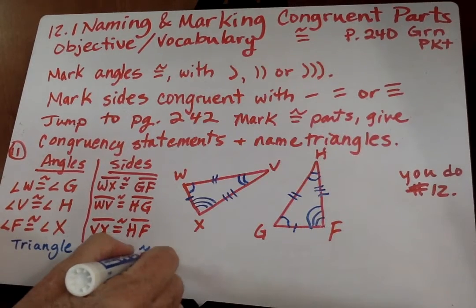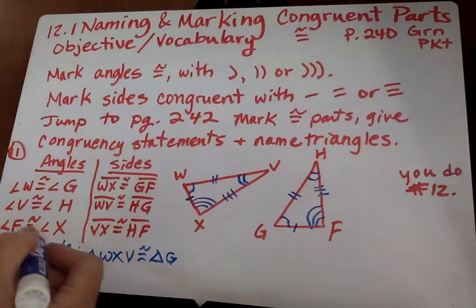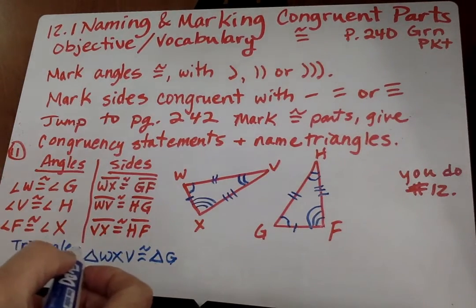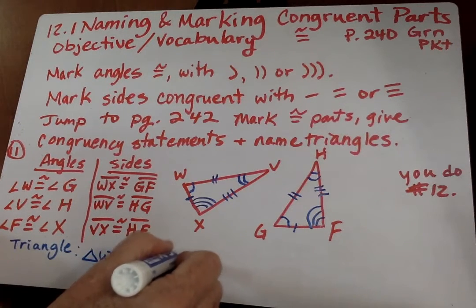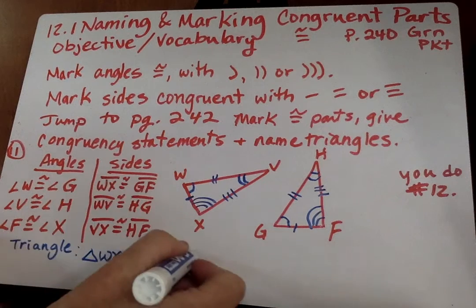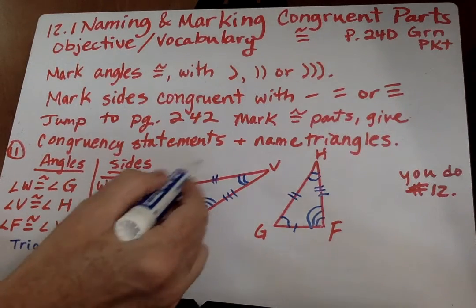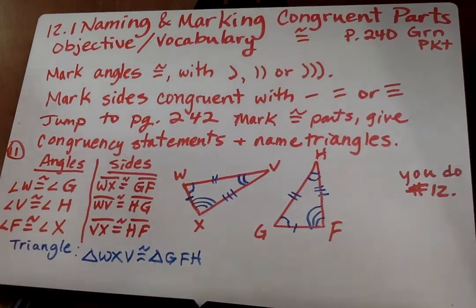G. So we can match it up with triangle G. Which was congruent to X? Was F. And then V was congruent to H. So triangle WXV is congruent to GFH. And you can go ahead and do number 12.